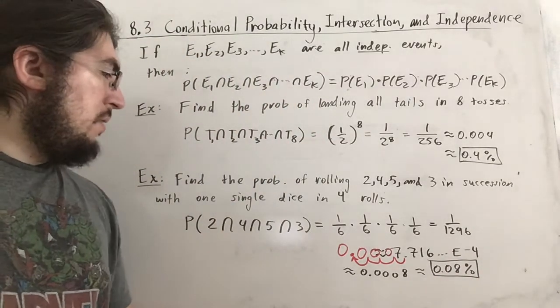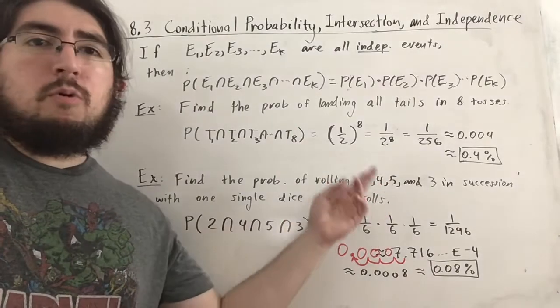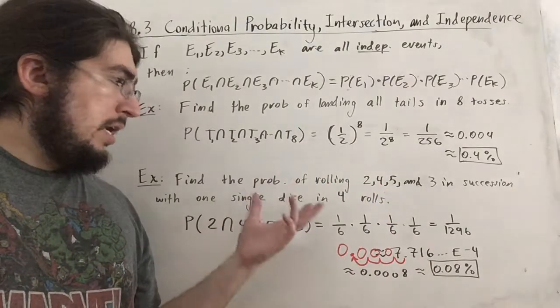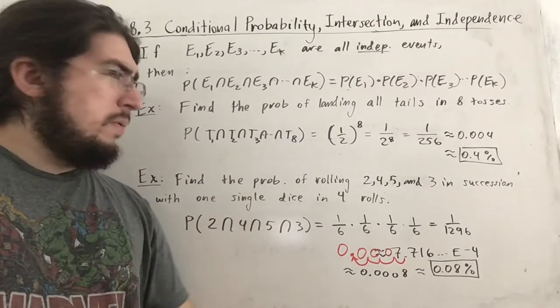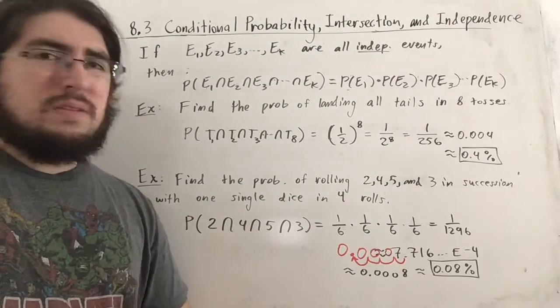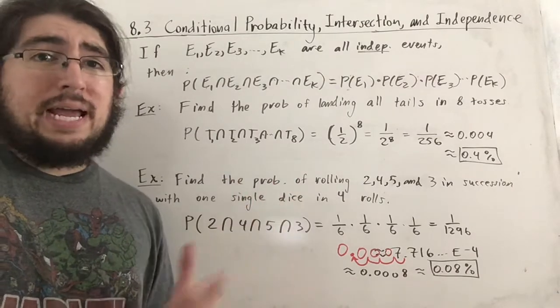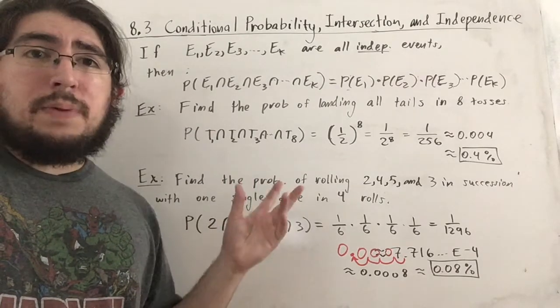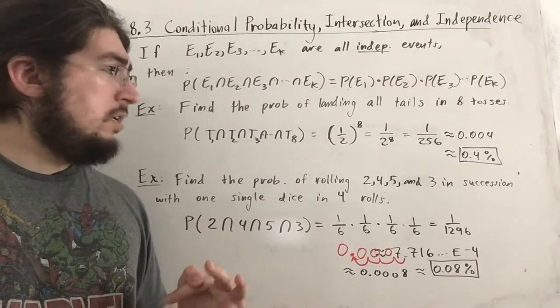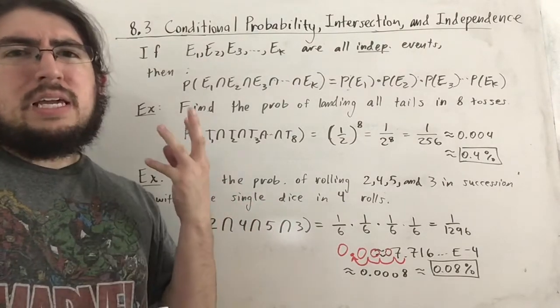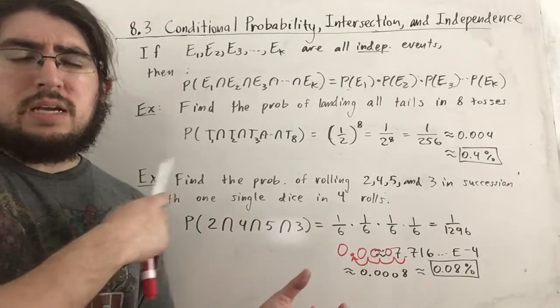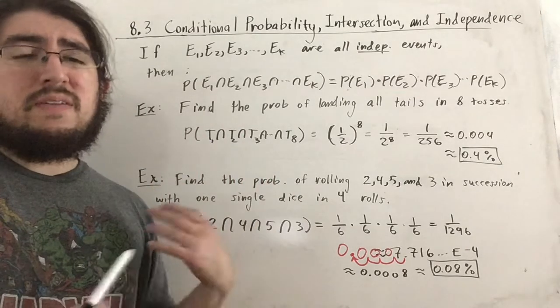Now, if you wanted to find the probability of rolling a 2 or a 4 or a 5 or a 3 in 4 rolls, then you would add these probabilities because it's or, not and. And yes, they are independent, and yes, there's no intersection. So for that reason, you can compare the multiplication rule versus the addition rule that we saw in the previous section.